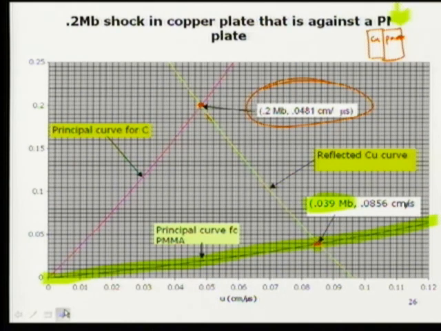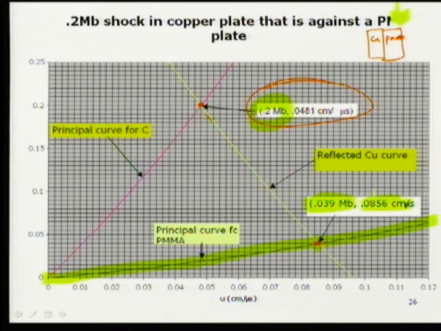So this would actually be a design, if you did an experiment where you had a shock in copper of about 200 kilobars and a plexiglass plate next to it, you actually would measure, if you had a gauge or a camera, to measure the properties, either the particle velocity or the pressure. That's what you'd get within experimental error.